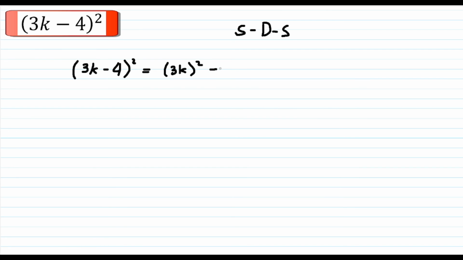So, minus 2, double tayo, 3k. And then, since yung negative sign ni 4 nilagay na natin before 2, we can just write 4 here. Then, sa last term, we are actually squaring negative 4.